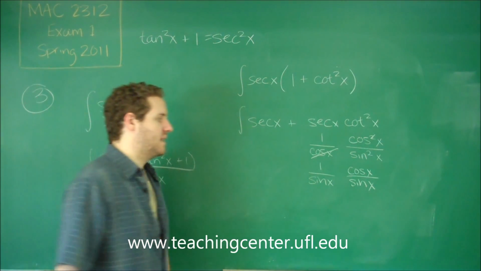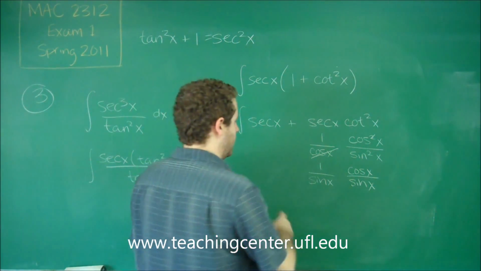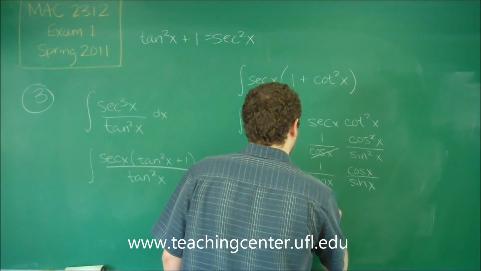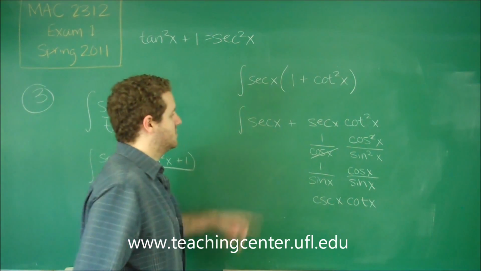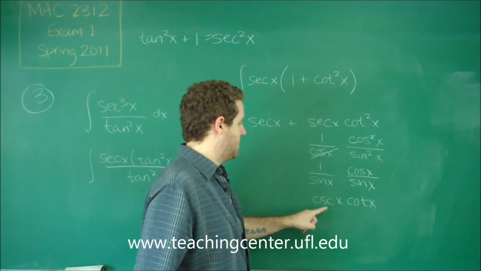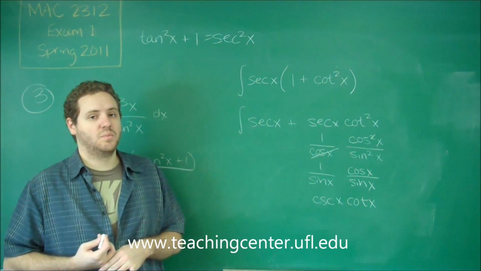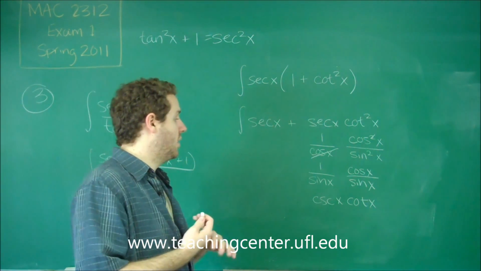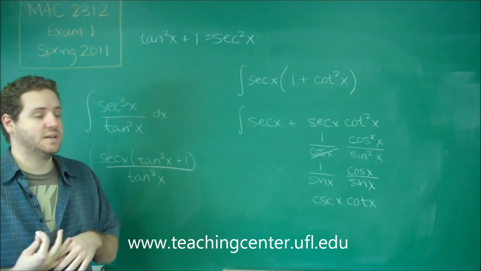And the reason I'm writing it that way is because this is one of our standard trig derivatives. This is cosecant x cotangent x. So secant cotangent squared is the same thing as cosecant x cotangent x. Cosecant x cotangent x is a common derivative. If you remember, the negative cosecant x cotangent x is the derivative of cosecant.